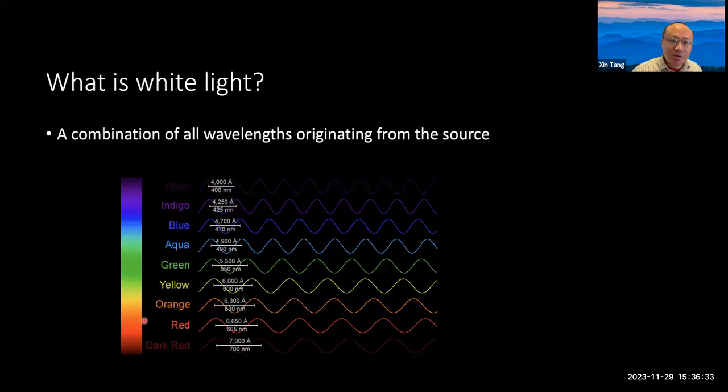That's the reason that when we do imaging of a biological sample, or even glass, the red light, or light with a longer wavelength, can penetrate through those samples deeper.